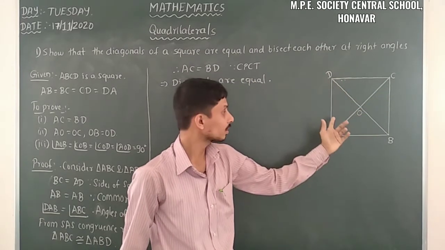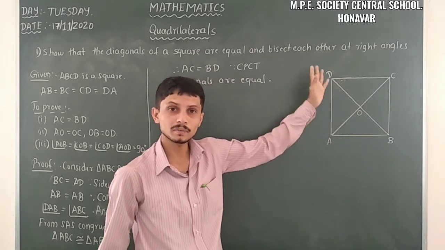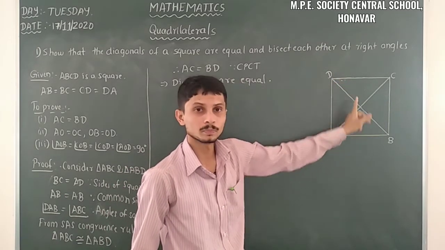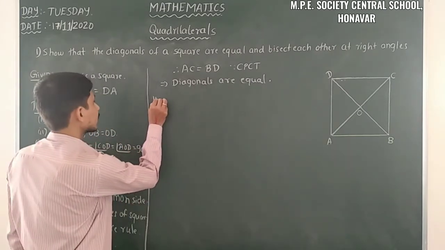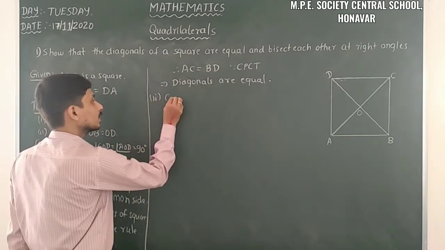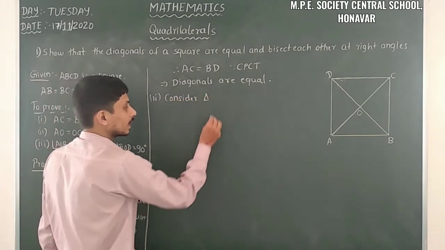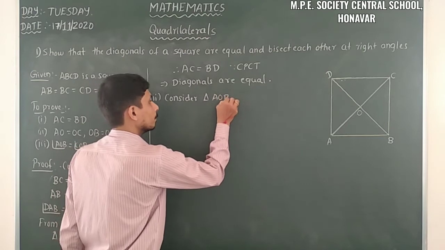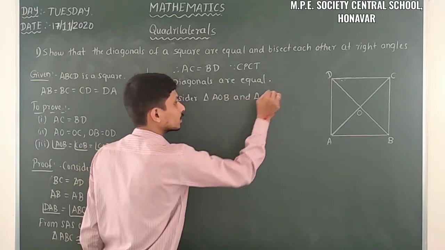In them we have AO, OC, OB and OD. So consider triangle AOB and triangle COD.